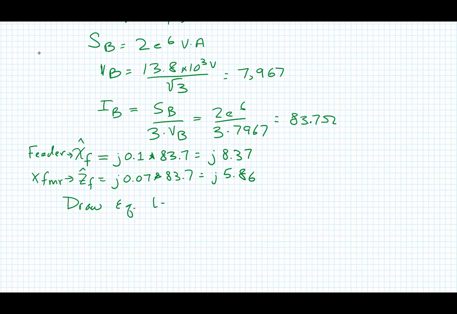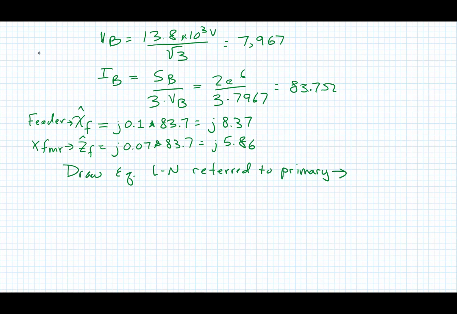And now let's draw the equivalent line to neutral. And since we're looking for primary side quantities, let's refer it to the primary. So we will have jXF here.